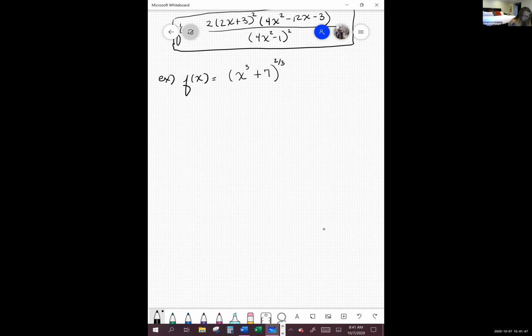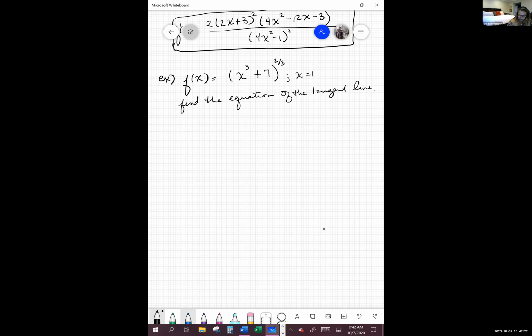So find the equation of the tangent line at x equals 1. So we need to figure out what the slope is of the tangent line at x equals 1. So we need to take the derivative of f of x.